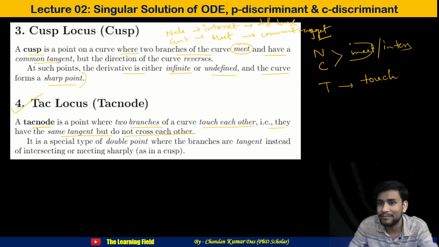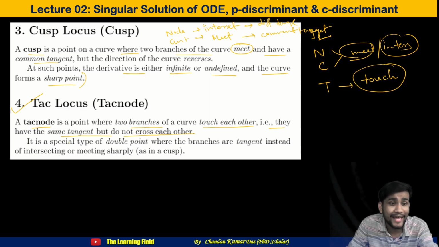So, three words: meet, intersect, and touch. Fine. And they have the same tangent but do not cross each other. So the difference is very nominal but very clear. You have to be very clear about each one of these.